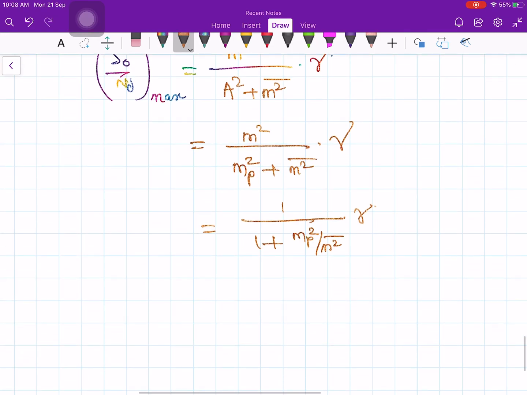Now generally, the peak value power is always greater than m-square-bar, the average power. So this ratio m_p square by m-square-bar will be more than 1, because m_p denotes the peak value and m-square-bar is the mean square value.